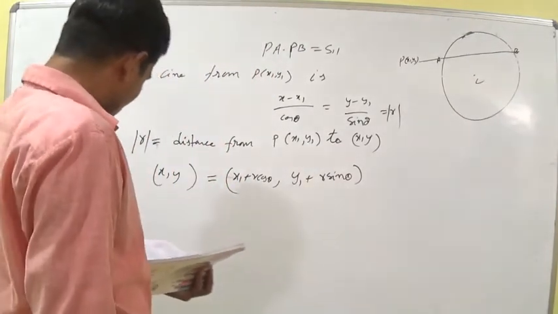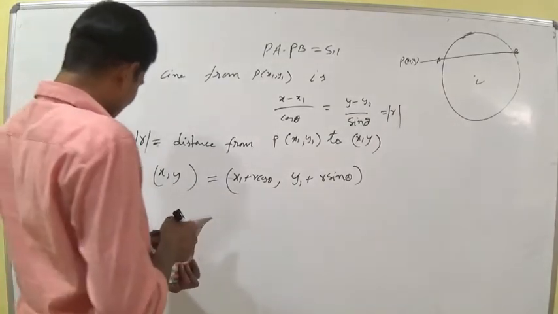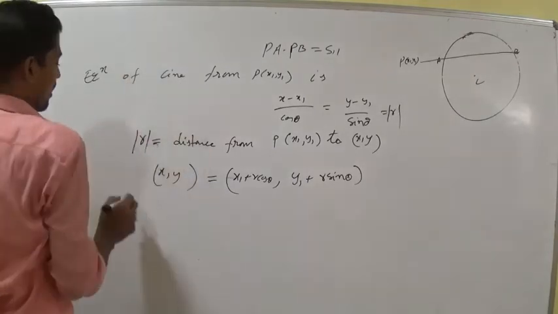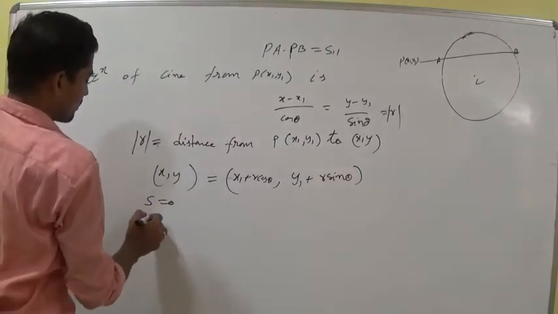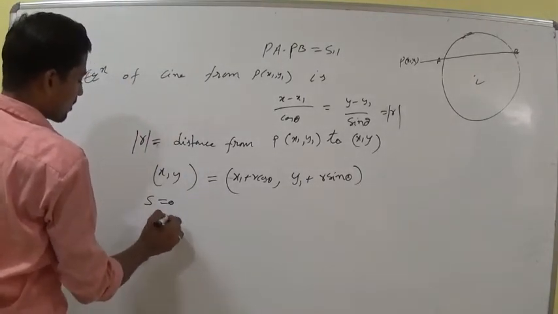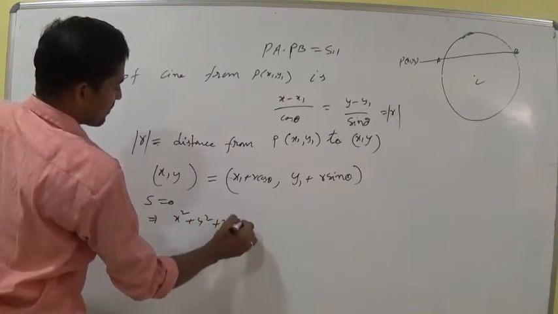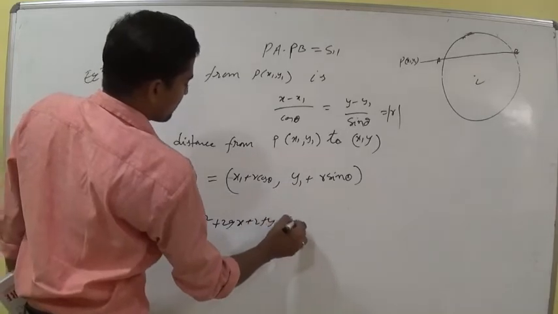So we know the equation S equal to 0. What is S equal to 0? x square plus y square plus 2gx plus 2fy plus c is equal to 0.